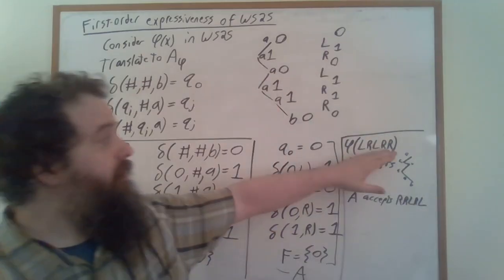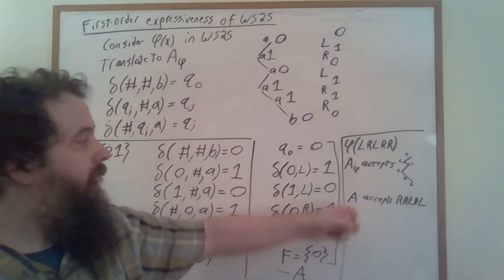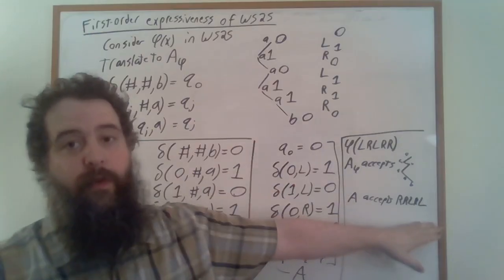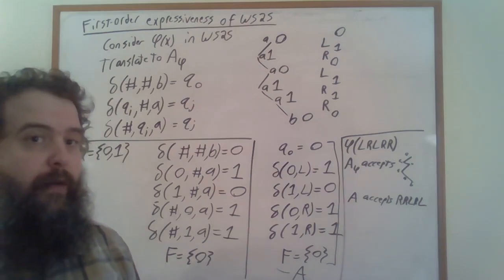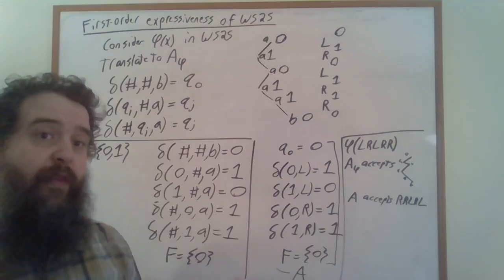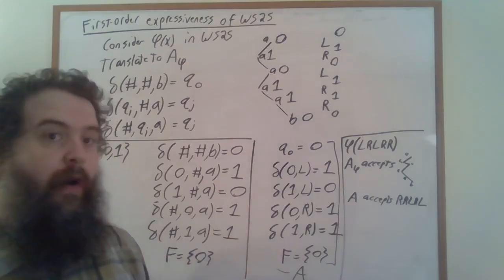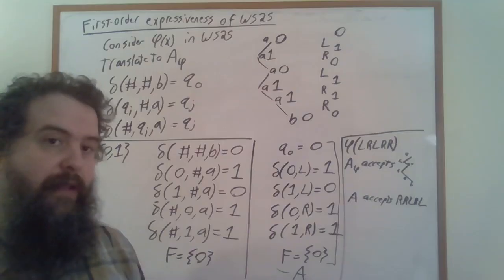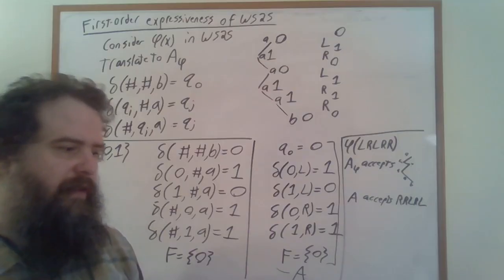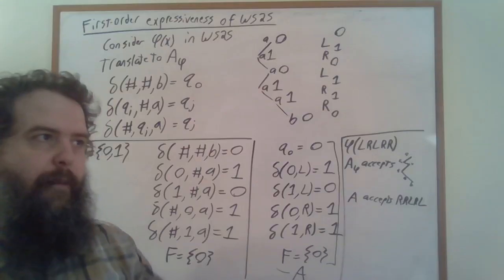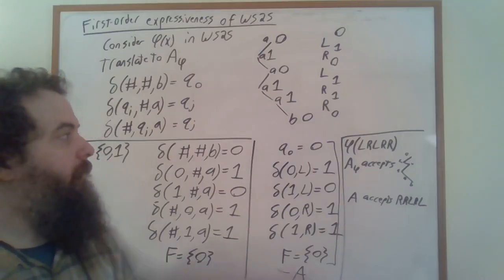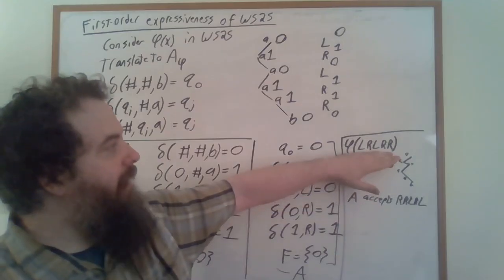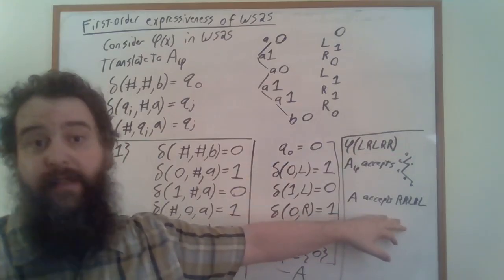So phi is true of a particular word if and only if this automaton here accepts its reversal, if and only if the reverse of that word is in some regular language. Well, it turns out that the regular languages on words are closed under reversal. If we have a regular language, there's various ways of seeing this, but if you reverse all of the words in that language, the resulting language is also regular. And so that means that phi holds exactly of words that fall into some regular language.